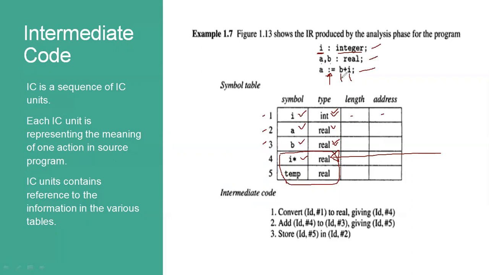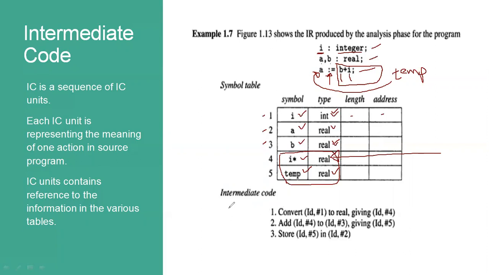And now the result of B, which is real, plus I star, which is real, is calculated and stored into a variable named temp. What will be the type of temp? Real plus real? Obviously real. And it will be assigned to A. So in this way, A is assigned the value B plus I.